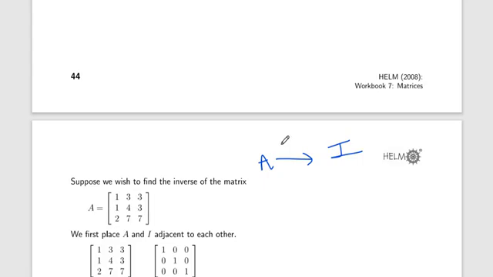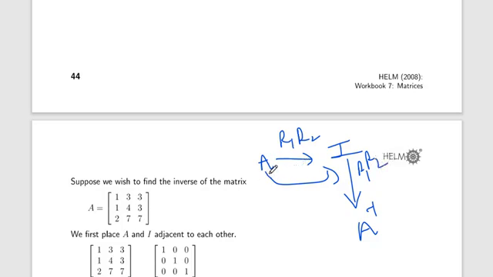Now, if we apply the same row operations R1, R2 and so on, in the same sequence, to the identity matrix, then the identity matrix will transform into its inverse matrix. This is the process of finding the inverse of a matrix by Gaussian elimination.